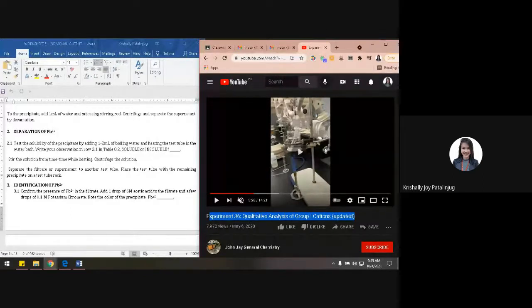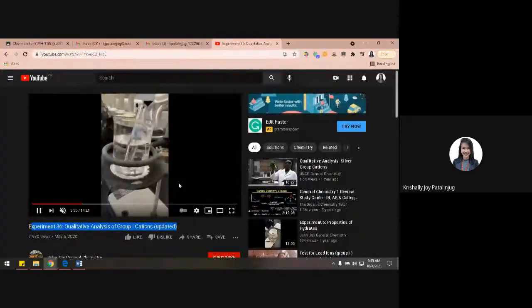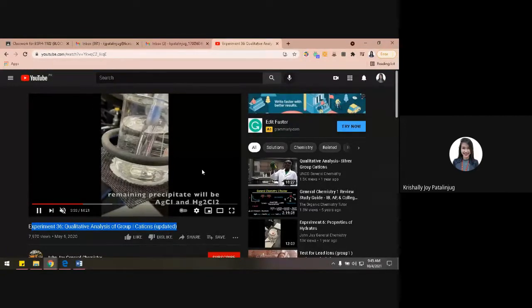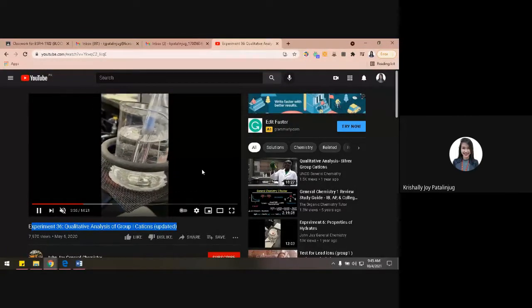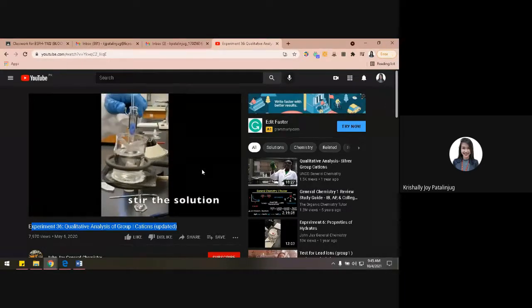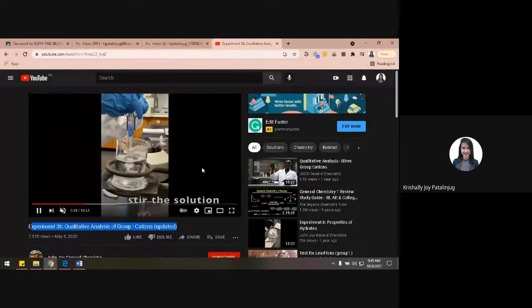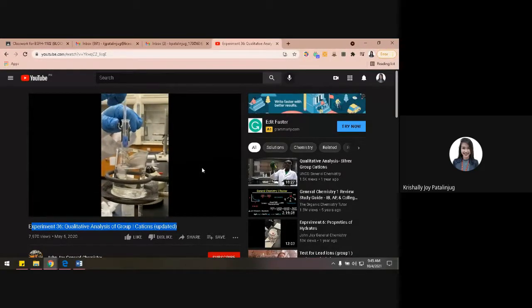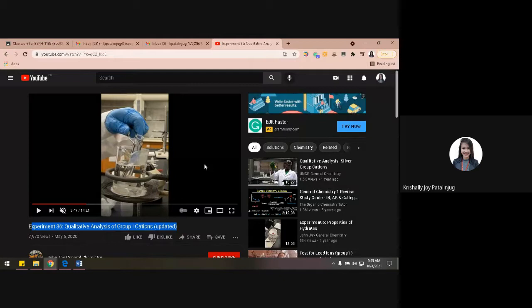Sige, next. Ayan na. The remaining precipitate will be, of course, the silver chloride and the mercury chloride. Yan lang po yung binasa ni Miss Jadman, stirring. Para lahat ng lead ion, okay?